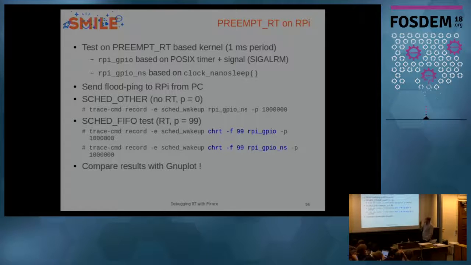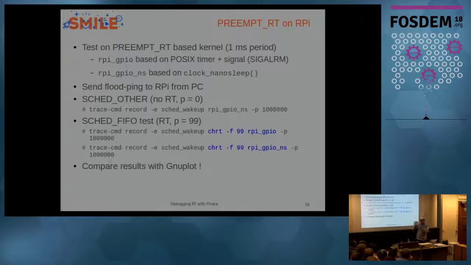The first one records the events with a program that is not real-time, so with no static priority. The second one uses SCHED_FIFO with a high priority. So you can set the priority of a program on Linux by using chrt.